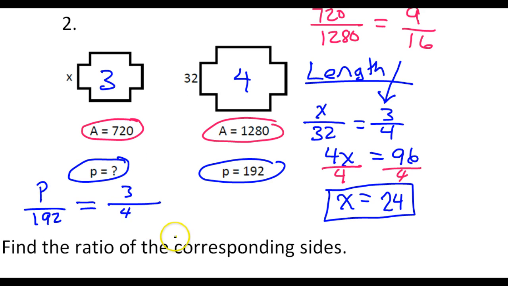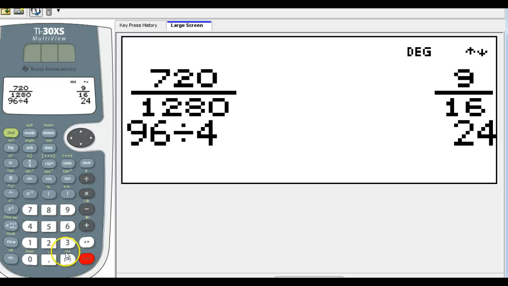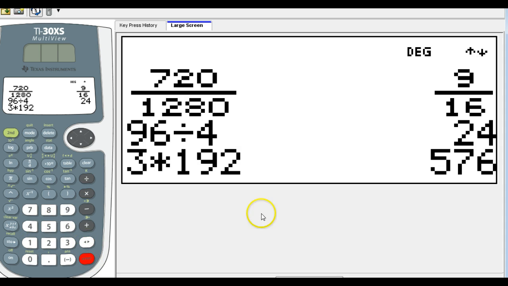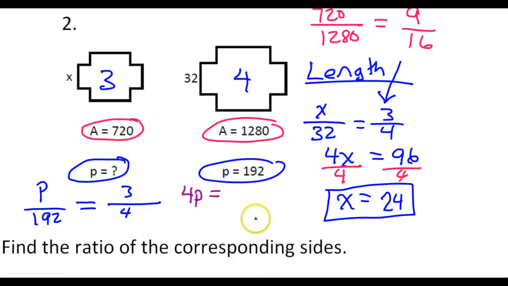All right, and you know, cross multiply and stuff. Maybe I should change colors. So this would give me 4p is equal to 3 times 192, 576.